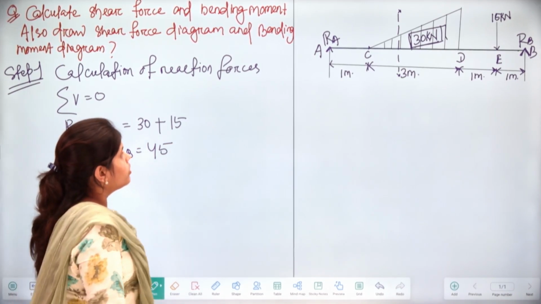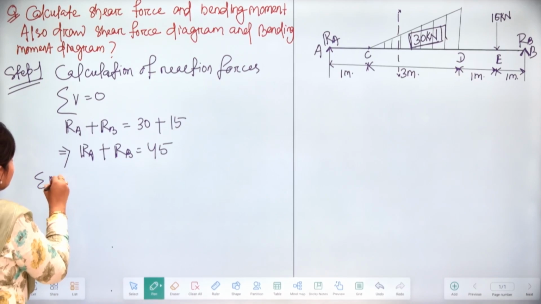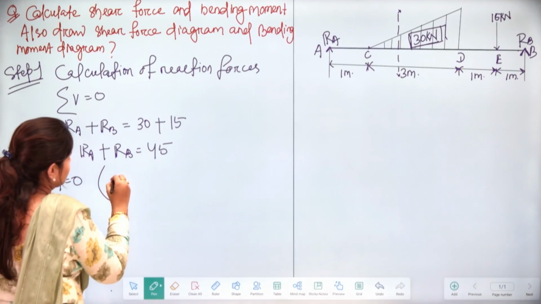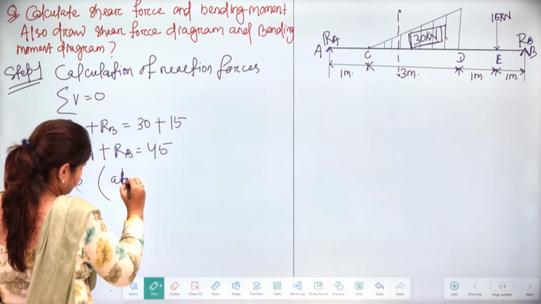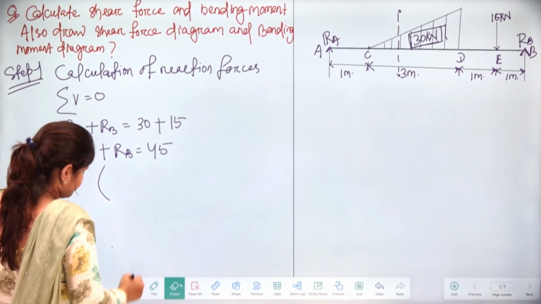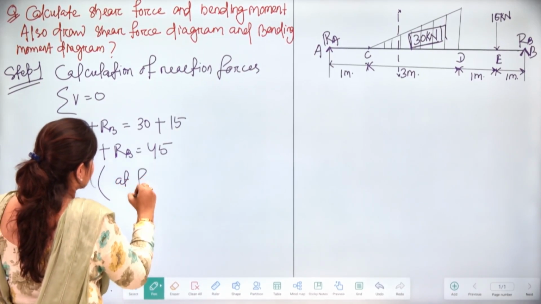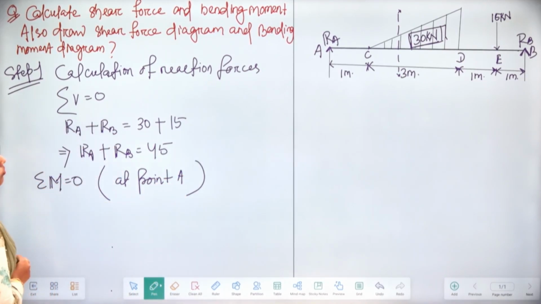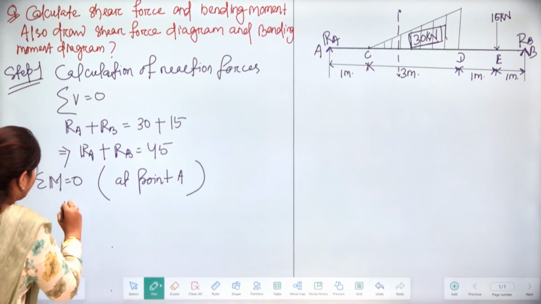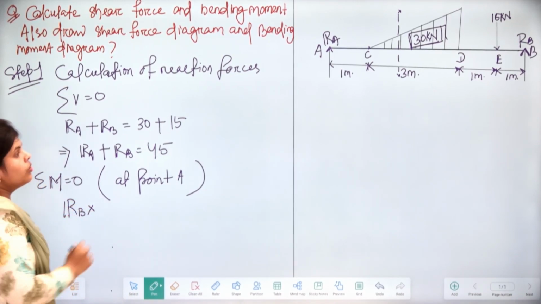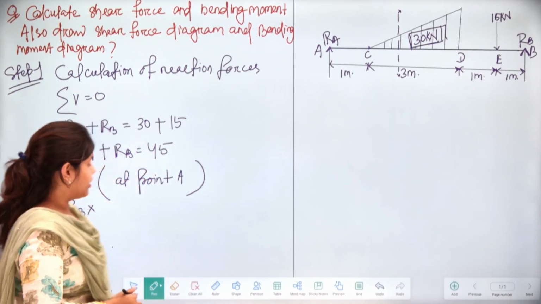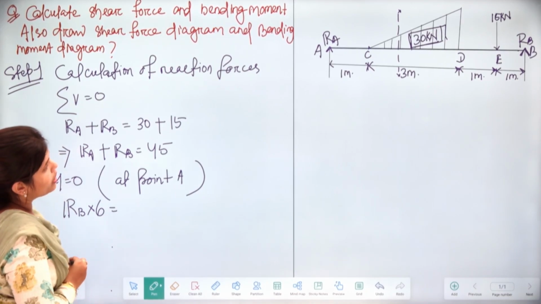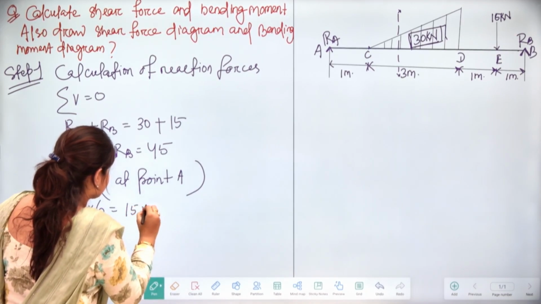Next, we know also that summation of moment is equal to 0. From the left side, if we calculate at point A, we will have RB into the total distance, that is 6 meter, and we will have 15 multiplied with what?